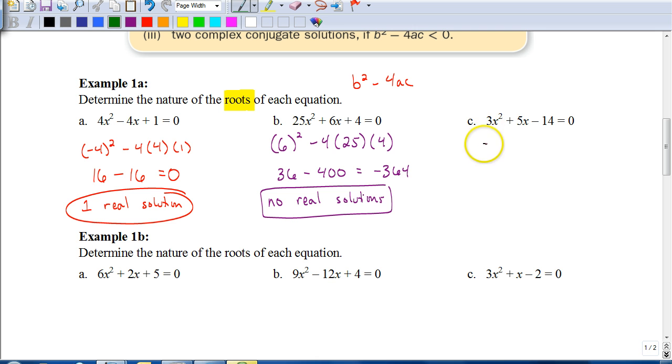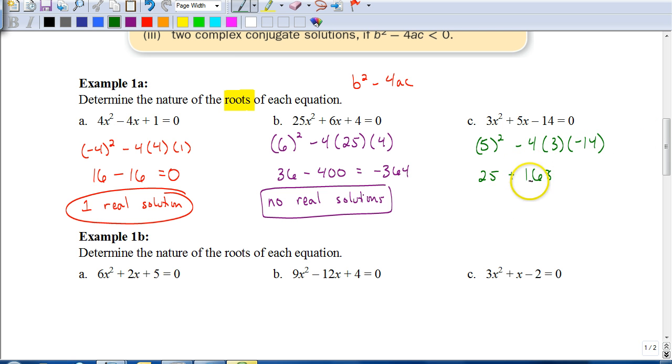Again, it's going to be b squared. b in this case is a positive 5. So it's going to be 5 squared minus 4 times a, which is 3, times c, which is negative 14. 5 squared is 25. This one you might need to use a calculator for. Negative 4 times 3 is negative 12. Negative 12 times negative 14 is a positive 168.